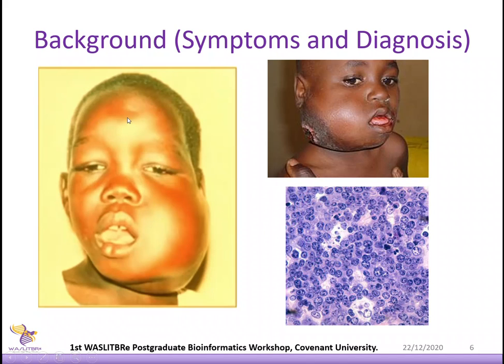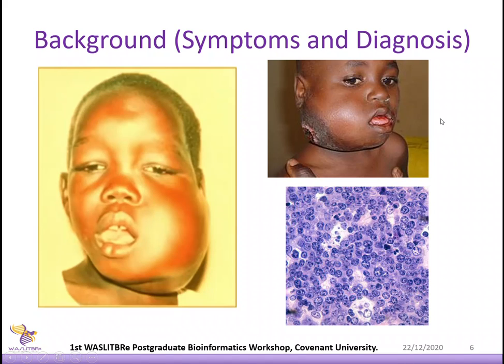Yeah, so this is a child with Burkitt's lymphoma. So as we can all see, there's a swelling around the cheek area, and obviously, such a child will find it very difficult to breathe. There is also the same thing. The cheek is swelling. There are others where the cheeks don't swell.